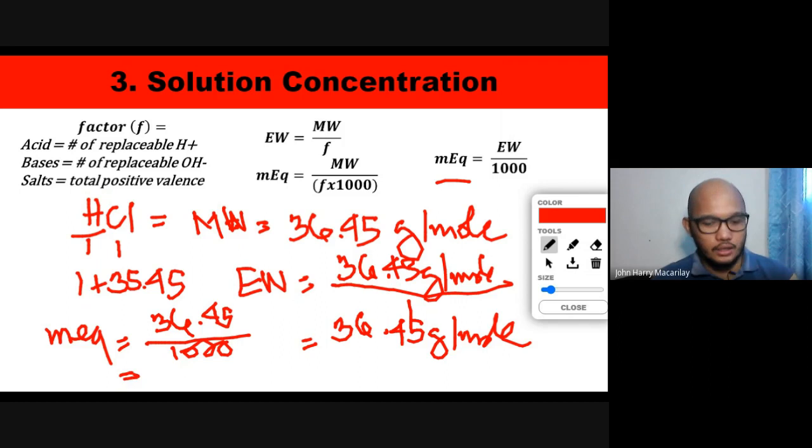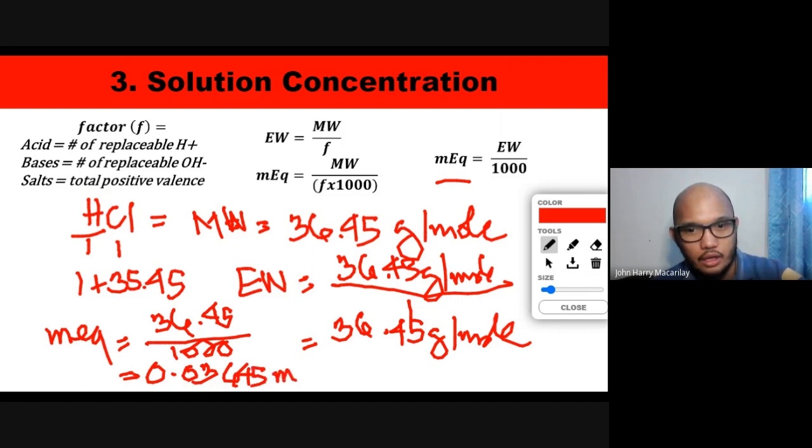Answer would be 36.45 divided by 1,000 is 0.03645 MEQ. Alright? That's for the MEQ of your hydrochloric acid using this particular formula.